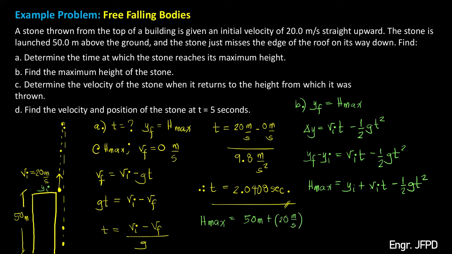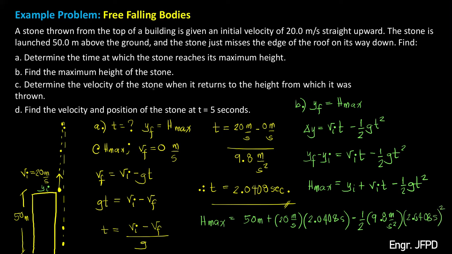And for the time t, this is the time for the stone to reach the maximum height, which is 2.0408 seconds, minus 1/2 for the acceleration due to gravity, which is 9.8 meter per second squared. And for the time t, that is 2.0408 seconds squared.